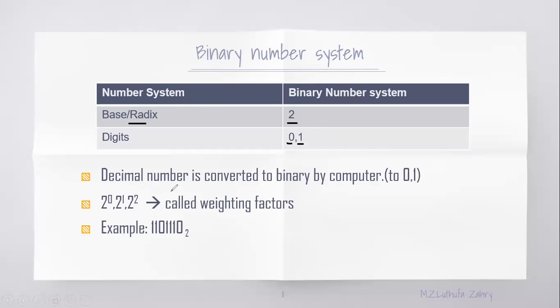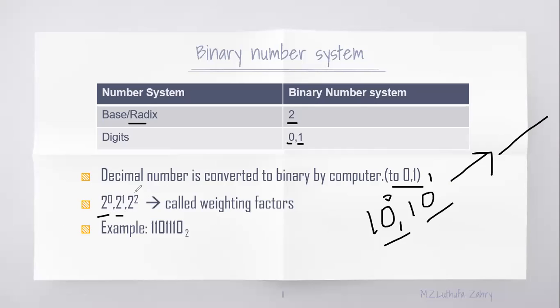If you enter any decimal number into the computer, it will be converted to binary by the computer. Same as we said, 10 to the power 0, 10 to the power 1 are the weighting factors of the decimal number system. Similarly, 2 to the power 0, 2 to the power 1 are the weighting factors of the binary number system.